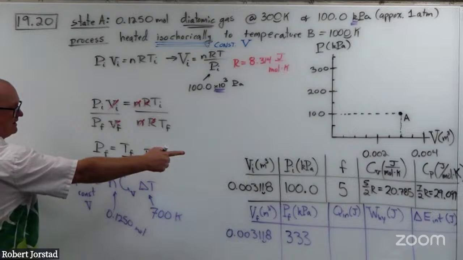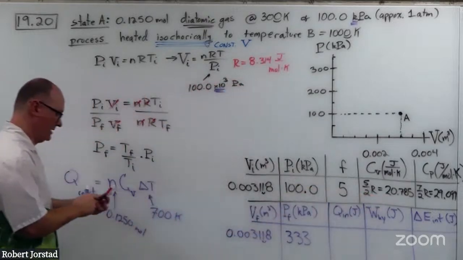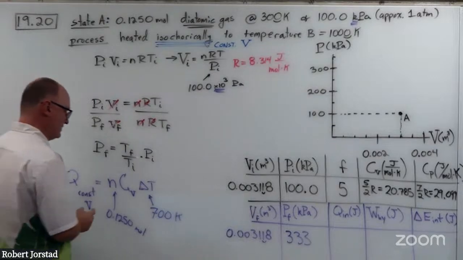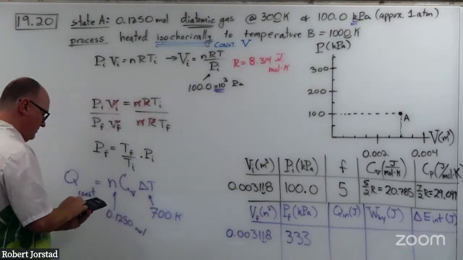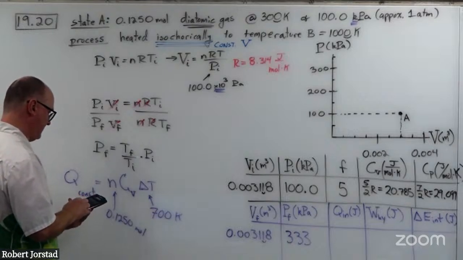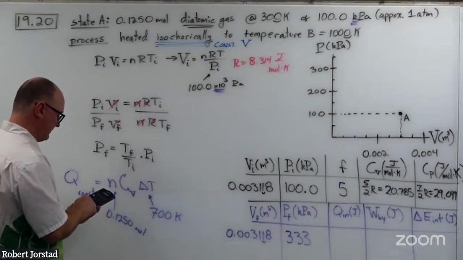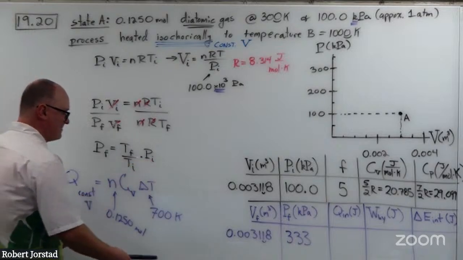And Cv, we've got that right here, if we need it. So in this case, you just punch in the numbers: 0.125 times 700 times, what was Cv? 20.785.